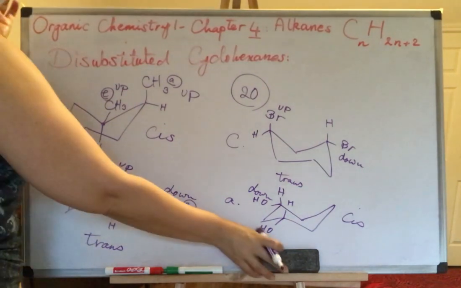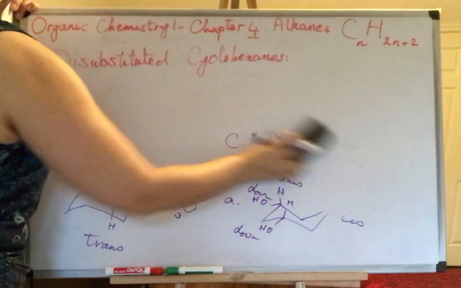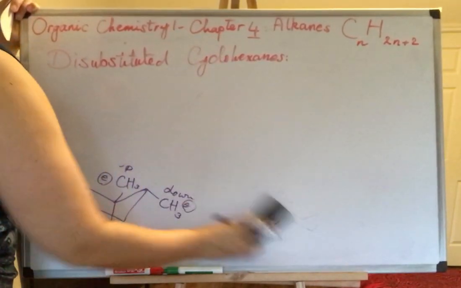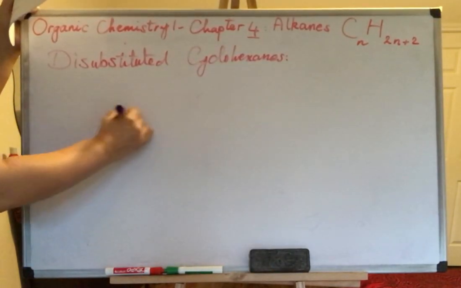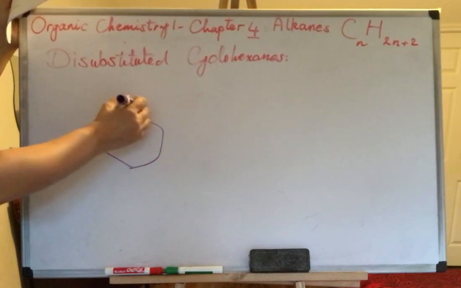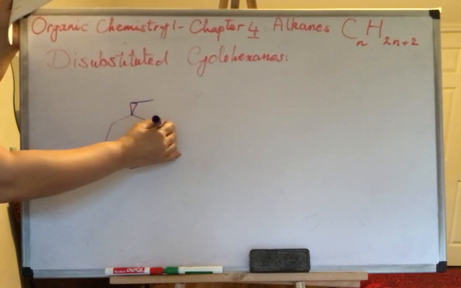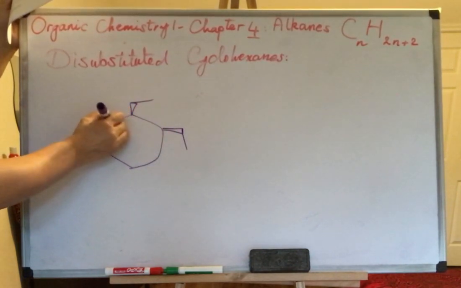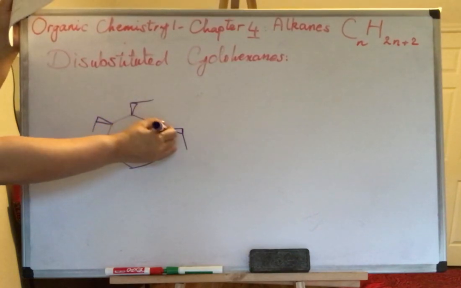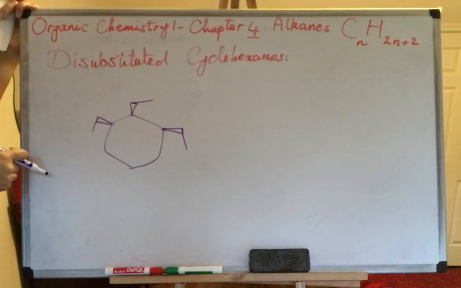For the next practice, you pay attention to the wedges and be careful about elimination of diaxial interaction. It says they're all on wedge, right? It says draw the structure below in its more stable chair conformation.